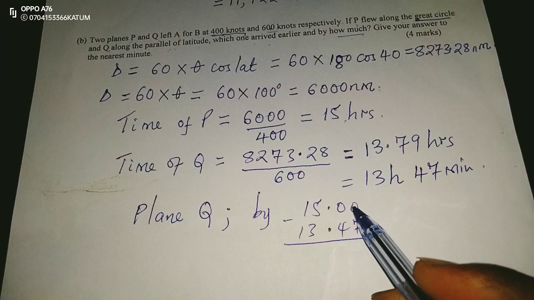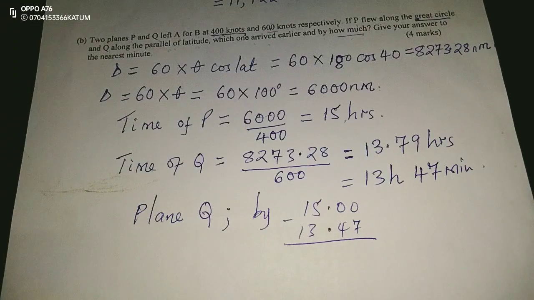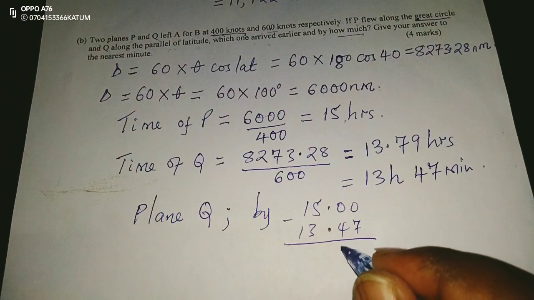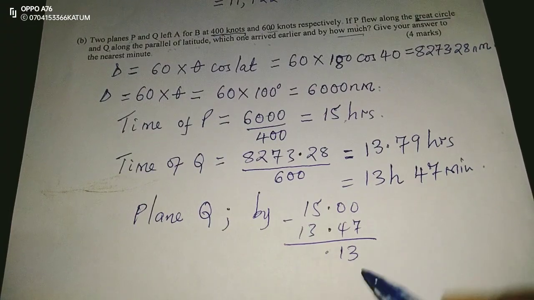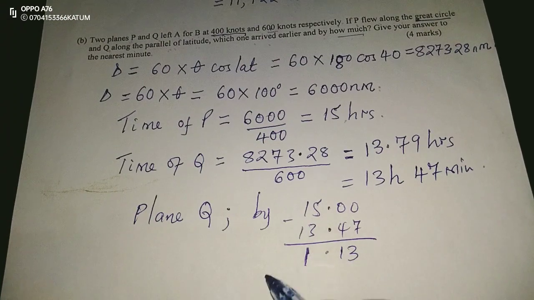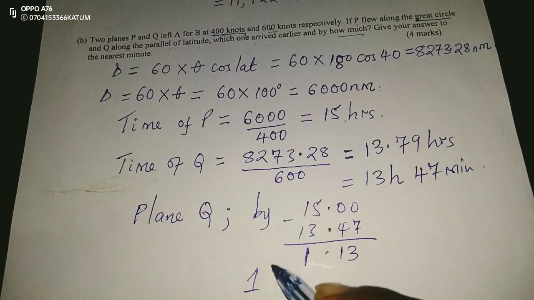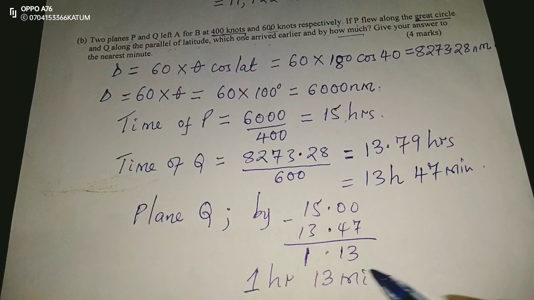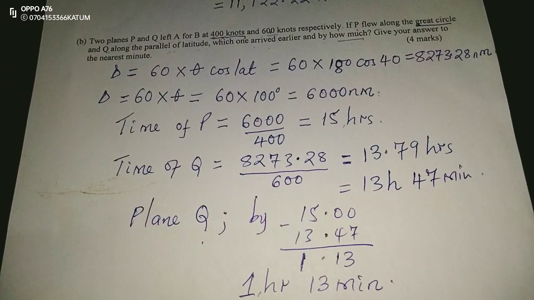When we take 60 minus 47, this gives us exactly 13 minutes. Then we had borrowed an hour, so from 14 we have 1 hour. Therefore, we have 1 hour, 13 minutes. So Q is going to arrive 1 hour, 13 minutes earlier, and then plane P arrives.